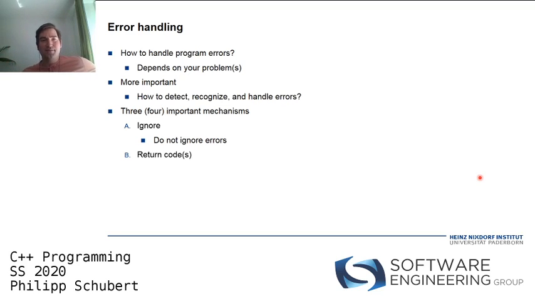Also, you can use return codes as a proper way of handling errors and communicating errors in your program. You can use assertions. There are static and dynamic assertions, which you can use to ensure your program's correctness while implementing it. And finally, at last, we will talk about exceptions, which are the ultimate way of handling errors, so to say.